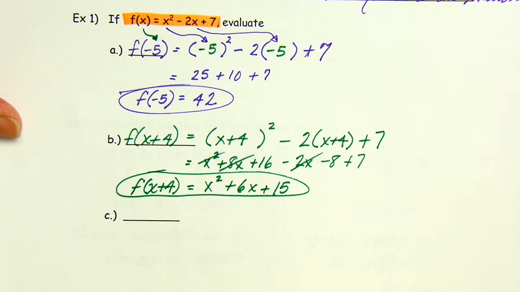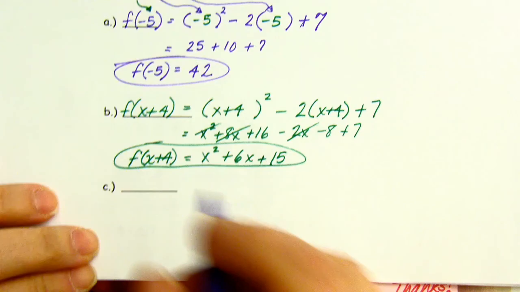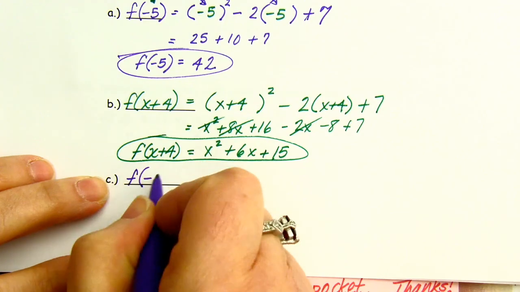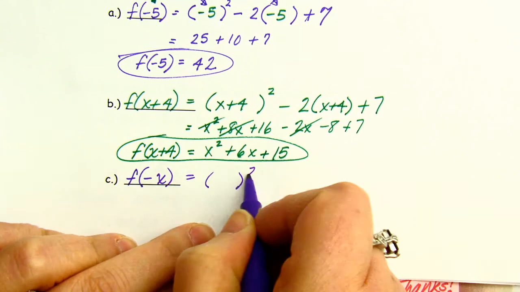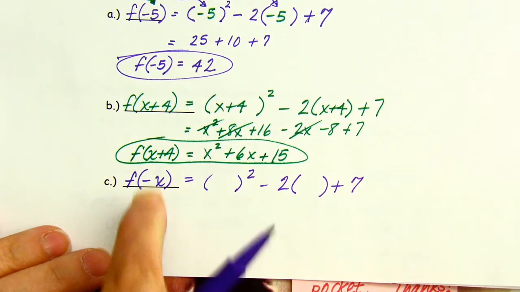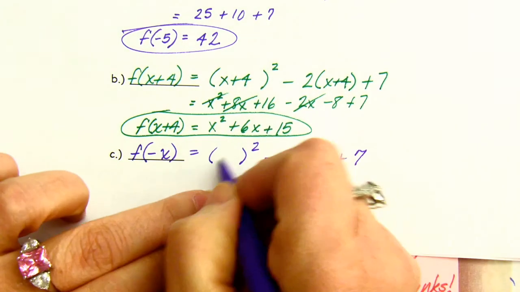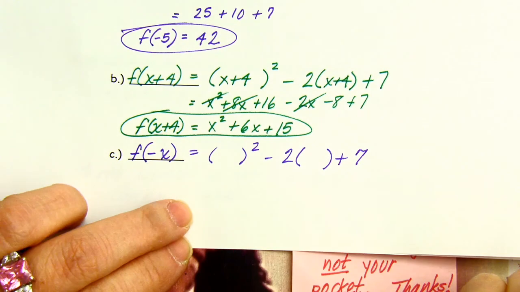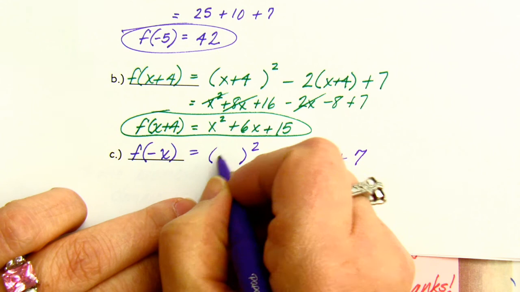One more. f of the opposite of x. Again, the process is the same. You set up the template, x squared, subtract 2 times x plus 7. This is going to be important that you know how to find the f of the opposite of x, because we're going to do that when we do odd and even functions and inverses and all that stuff.